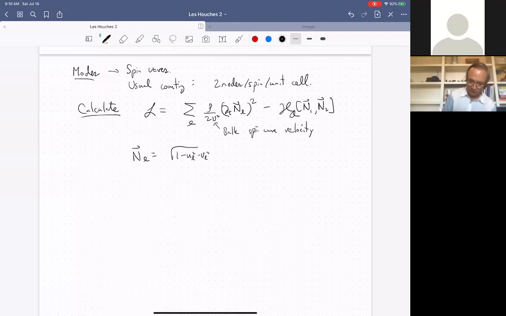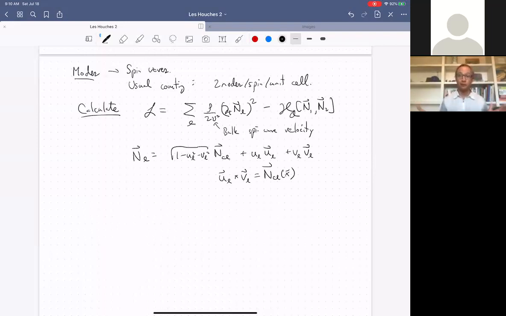Again, one has to treat this as a unit vector, so we can expand it around the classical solution by introducing some local coordinates. These are unit vectors, UL and VL, which form an orthonormal frame relative to the local classical vector. And remember, this depends on the position because there's some structure.